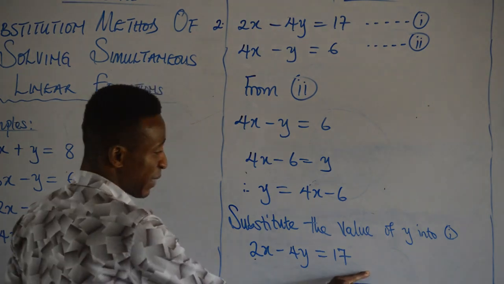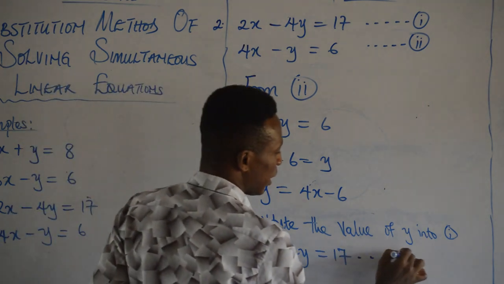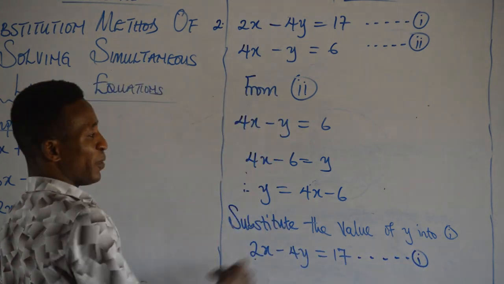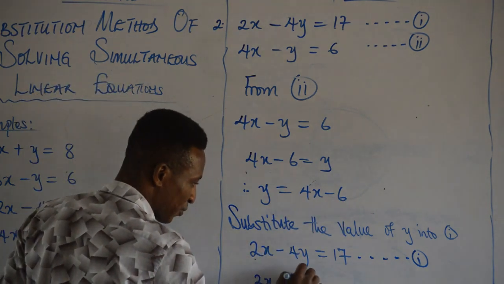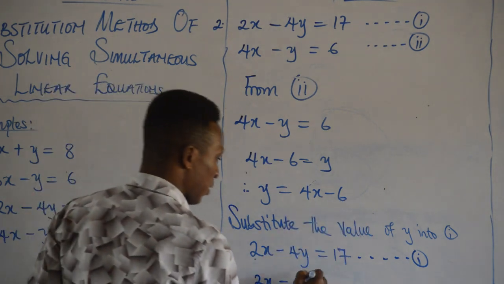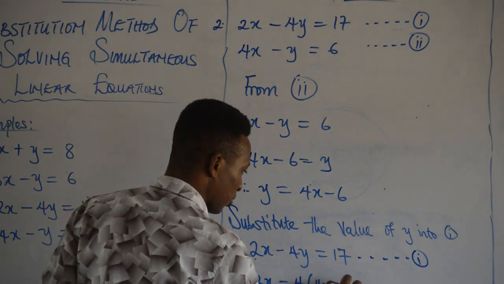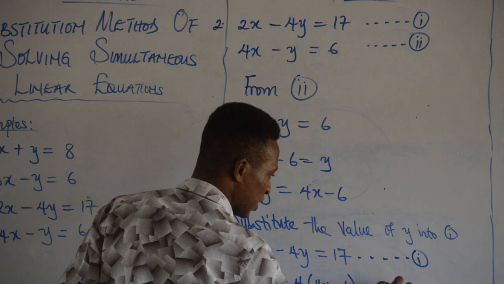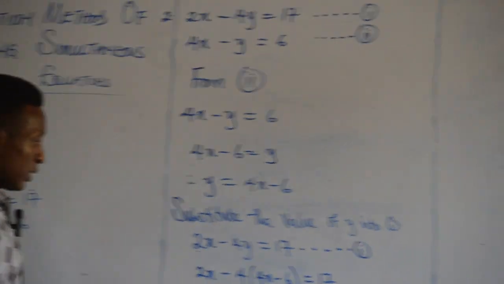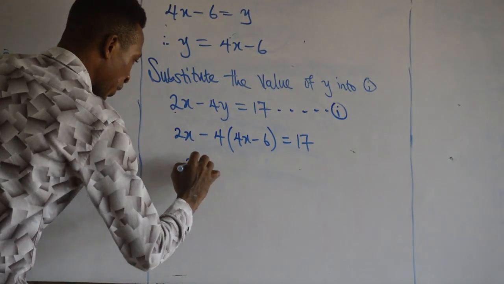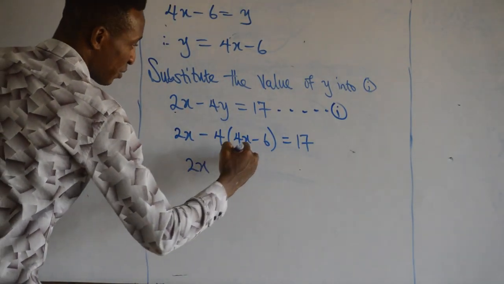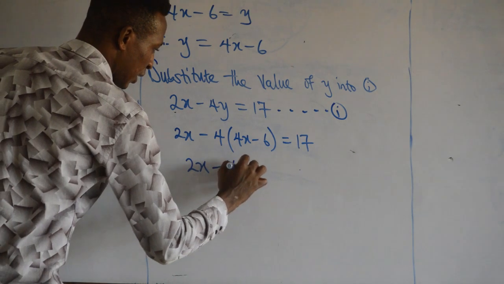That means from my equation 1, anywhere I'm seeing y, I'm going to be replacing it by 4x minus 6. So 2x minus 4 into brackets, here we have 4x minus 6, everything equals to 17. Now we need to open the brackets. When you're opening the brackets, we have 2x minus 4 times 4x here gives you minus 16x.